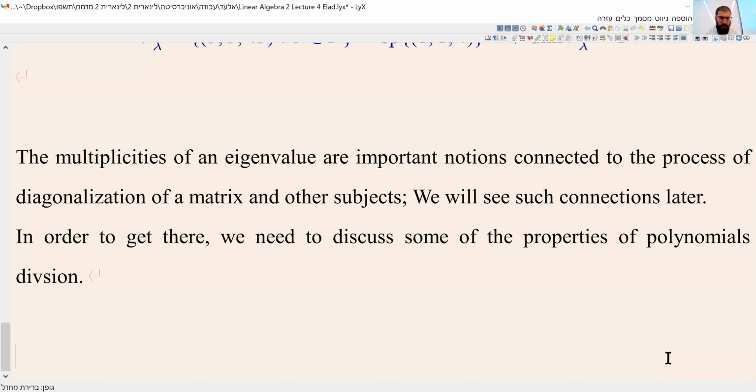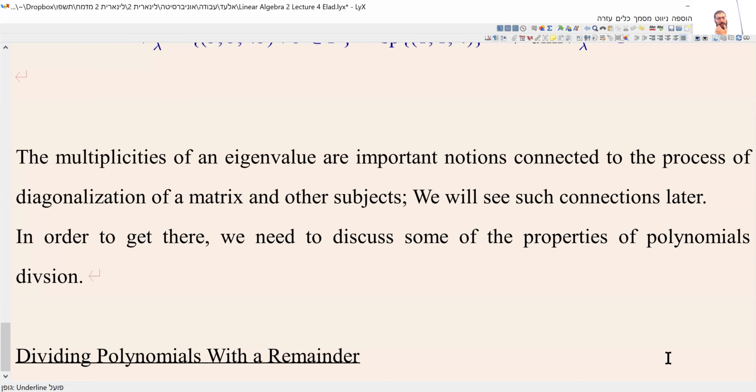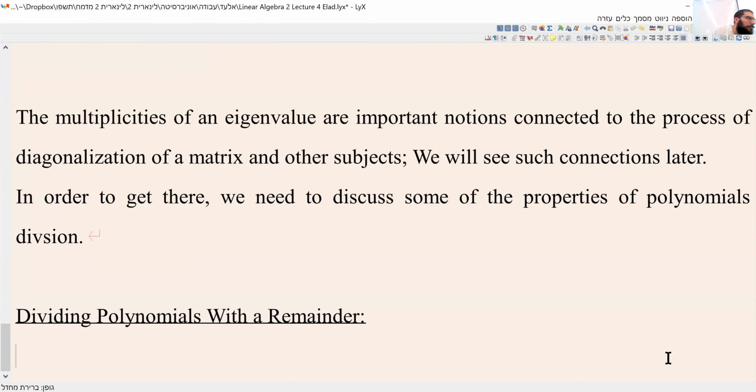Now, write down: dividing polynomials with remainder. That's how you write it. You can write residue as well, or a remainder.